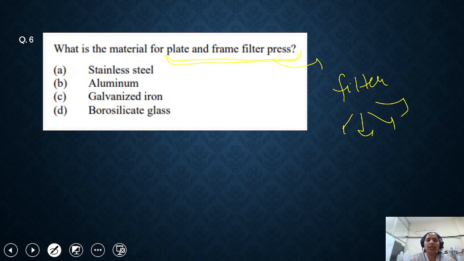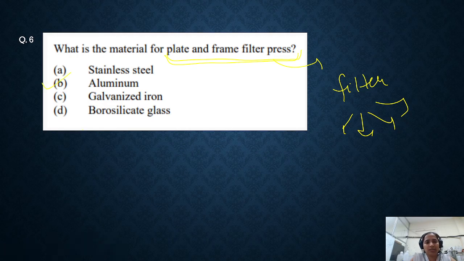So what is this usually made up of? They are asking this. First one is stainless steel. Second one is aluminum. Third is galvanized iron. And the D option is borosilicate glass. So these types of filters are mainly made up of aluminum.